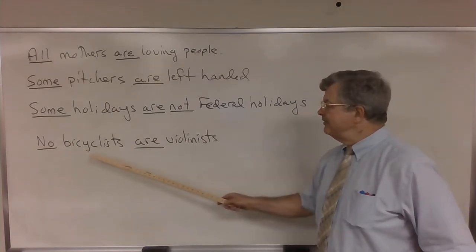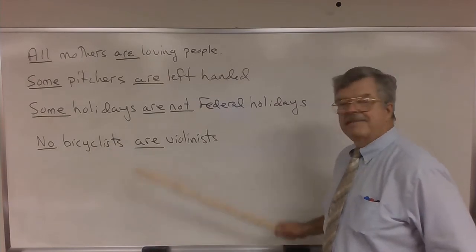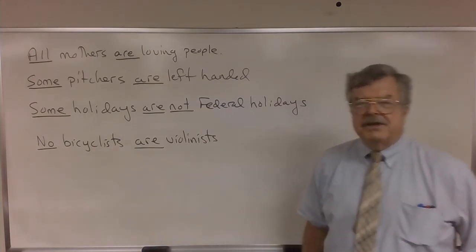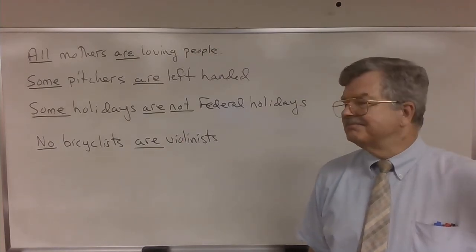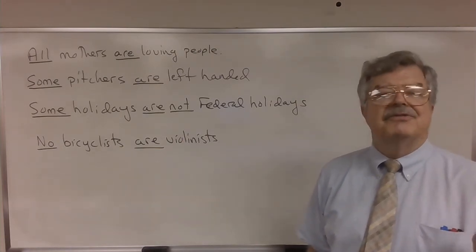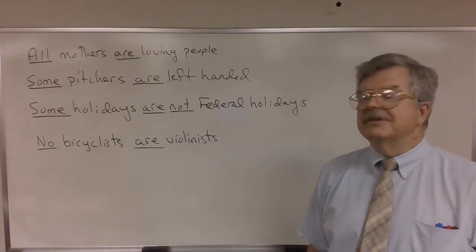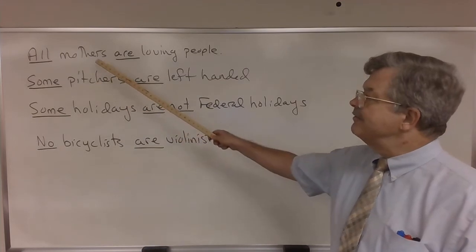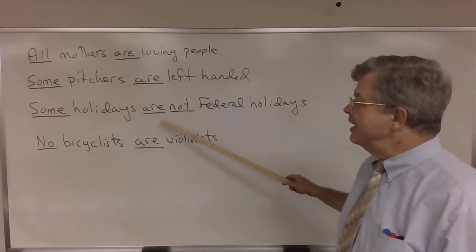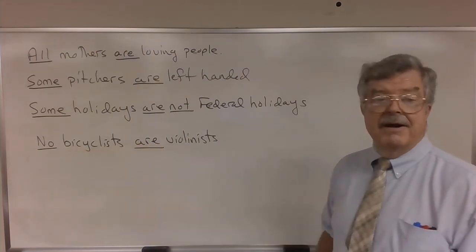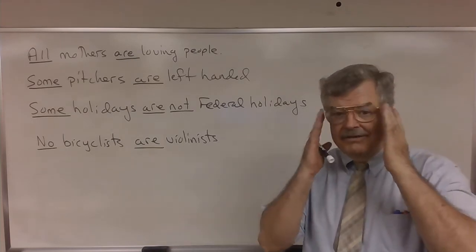And no bicyclists are violinists. None are. So we use Euler diagrams, a special use of Venn diagrams to determine the validity of arguments that involve quantifiers like all, some are not, none are. And we discuss our strategy in just a minute.